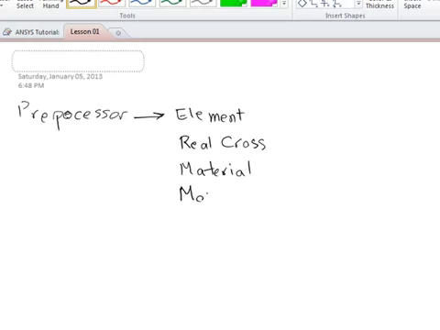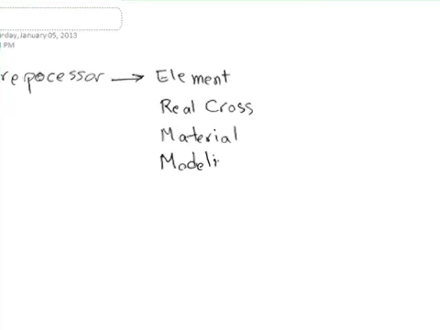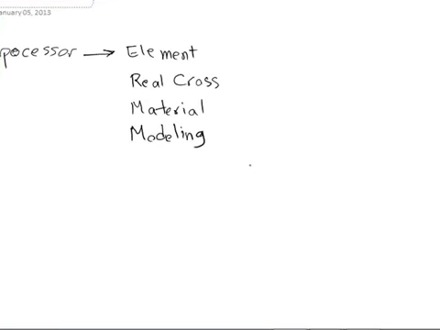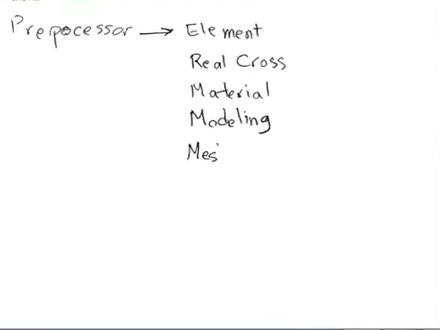And then there is a modeling step in which you define the areas and volume or any other thing that you want to design for your model. And then you do the meshing in the pre-processing step of ANSYS, which I will explain all of these steps briefly.